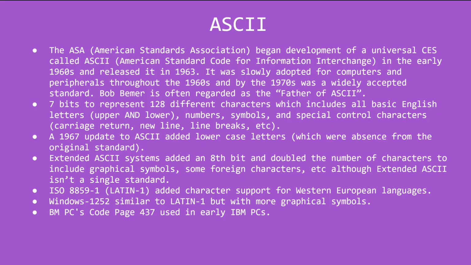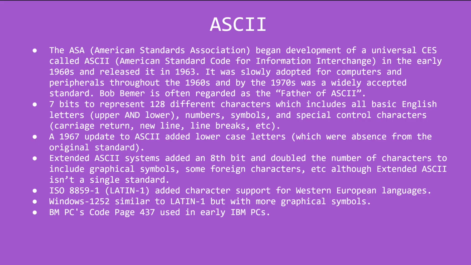The original standard uses 7 bits, represents 128 different characters, which is actually pretty good compared to some of the older systems. You've got to remember, at this point, a lot of things were still using 5 and 6 bits. Using 7 bits was a whole other animal at that point. It included all the basic letters, upper and lower, although I believe the original standard might have just been upper, and then they extended it not too long after that for lower.